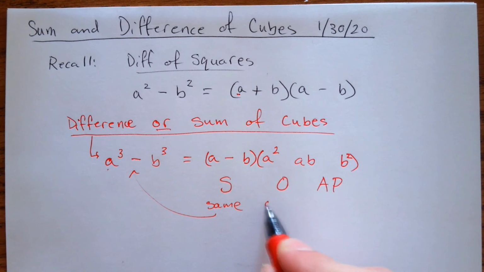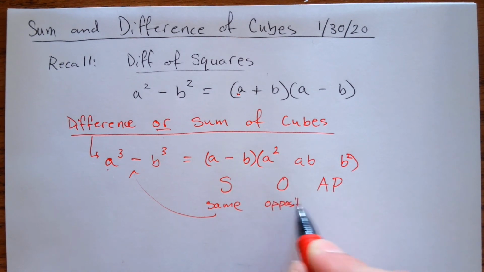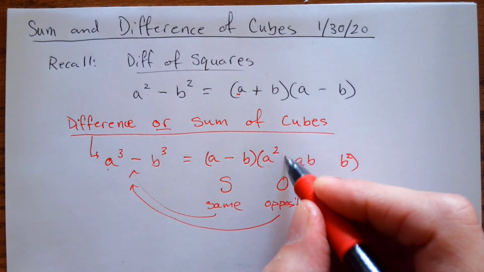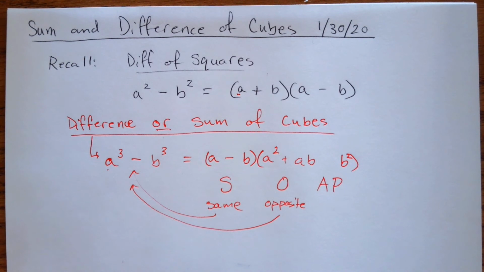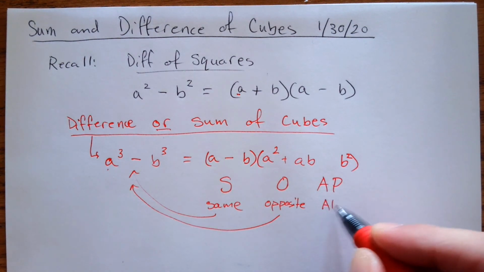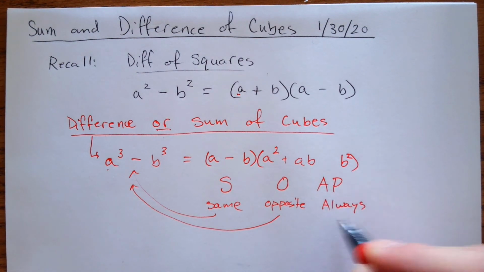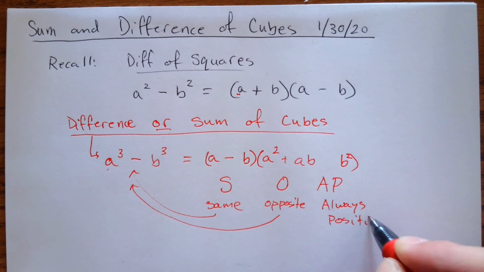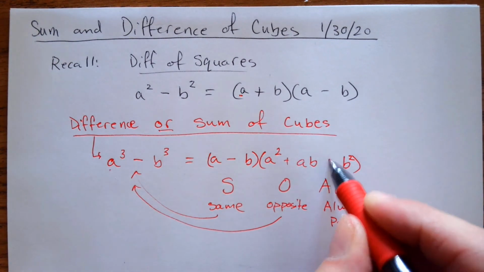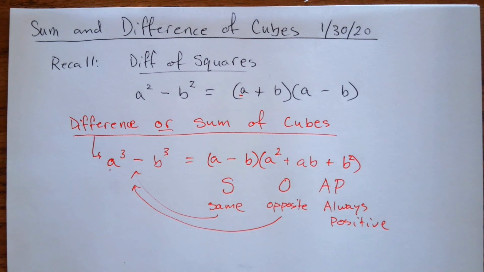O means opposite. And opposite of what? Opposite of that symbol. So that means we have a plus here. And then AP means always positive. So that one's going to be a positive there.